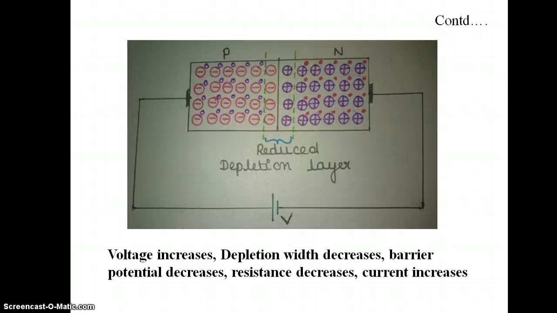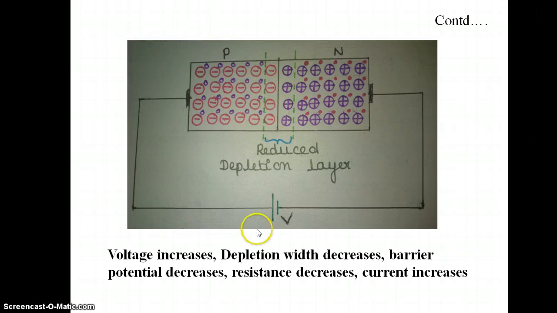So your reverse saturation current is in the range of nanoampere to microampere. The reverse saturation current is in the opposite direction to that of the forward current. So reverse saturation current magnitude is negligible when compared to your forward current.